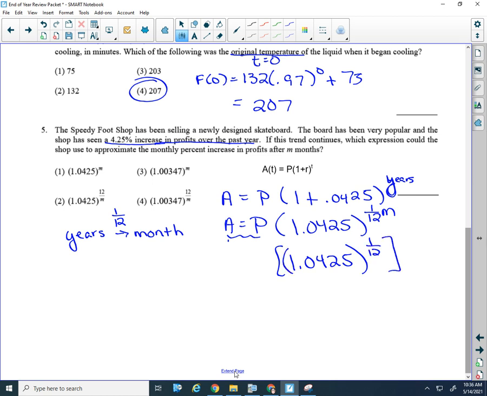Need an extra parentheses. And then our M goes on the outside. So what you get is whatever your starting amount was, and this new base is 1.00347 to the M. So our new rate is right there. Working with time is extra complicated.